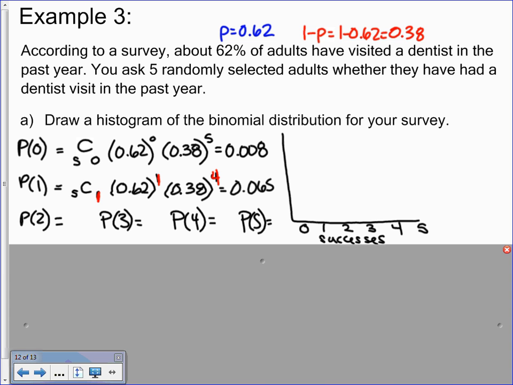Okay, so now I'm going back into my calculator, and I'm going to do 2 successes, which means 3 failures. So I've got to change all my 1s to 2s and my 4 to a 3.